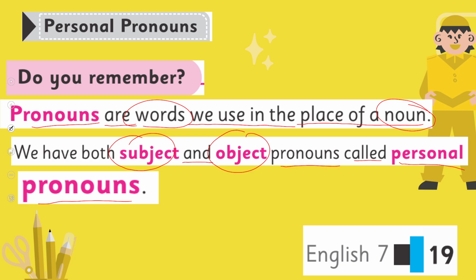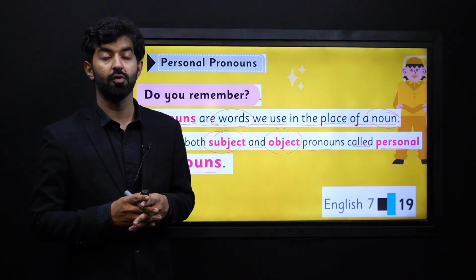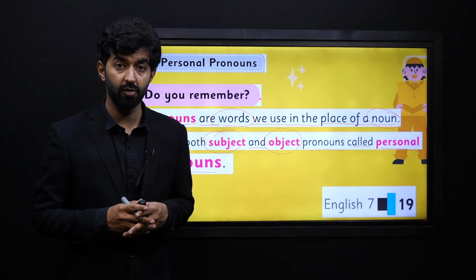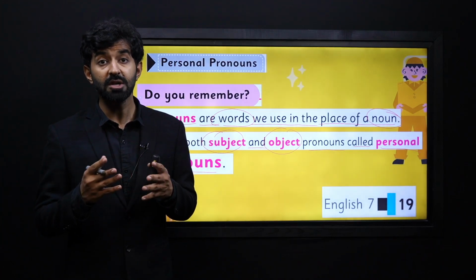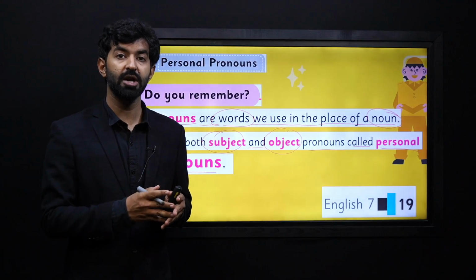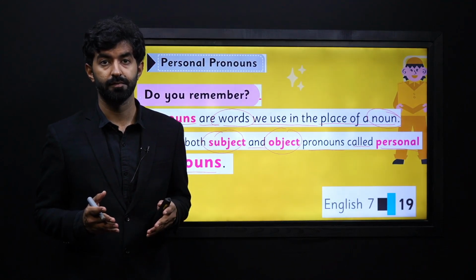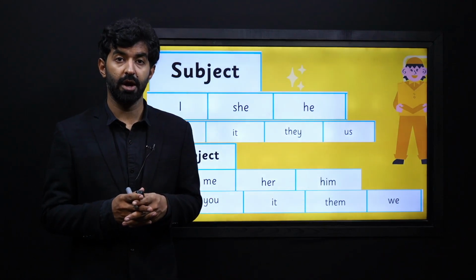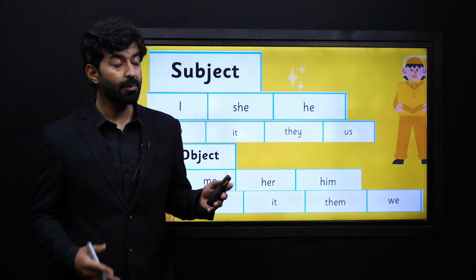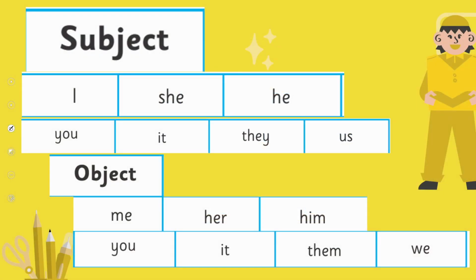So we know that we use pronouns instead of nouns to avoid repetition, and in the personal pronouns, we have subject and object pronouns.